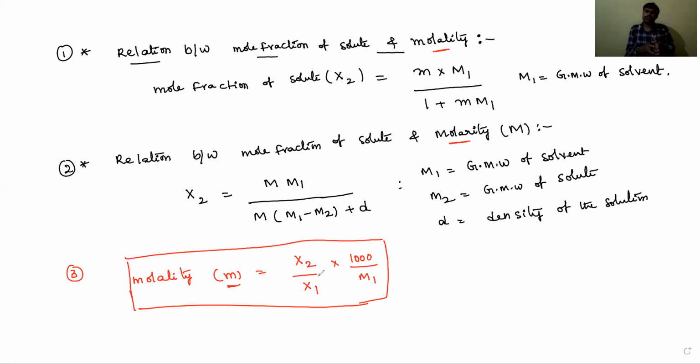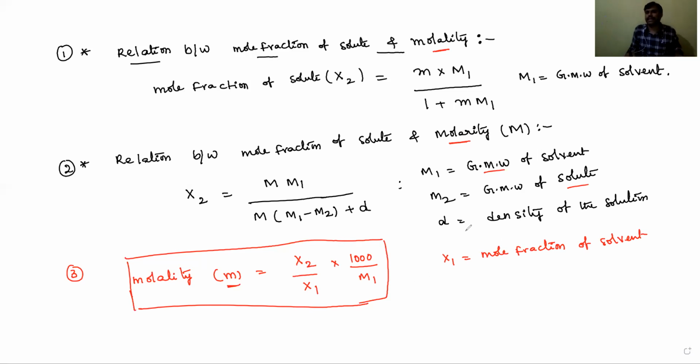So small m is equal to X2, the mole fraction of solute, divided by X1, the mole fraction of solvent. M1 is the gram molecular weight of solvent. M2 is the gram molecular weight of solute. These are the important relations.